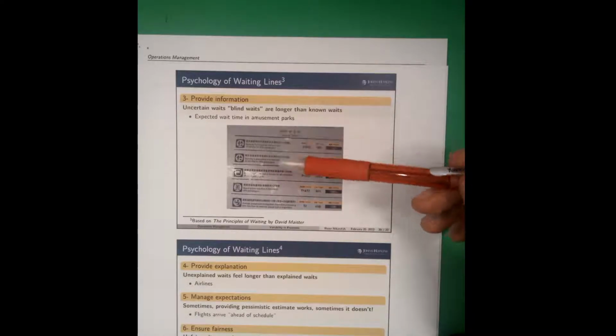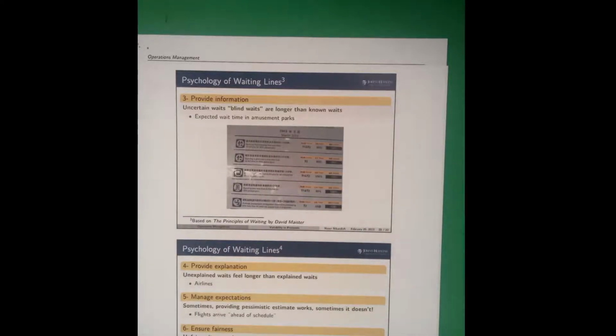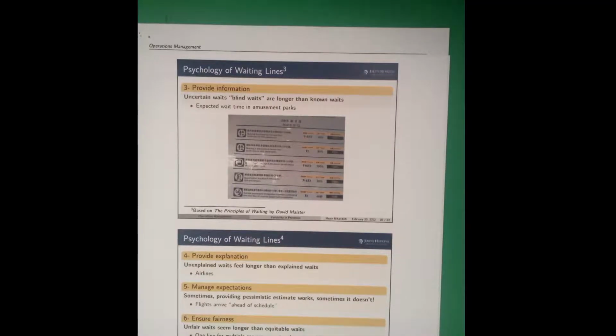When you provide information to customers regarding wait time, they usually find a way to entertain themselves. But blind waits feel a lot longer. Provide explanation.